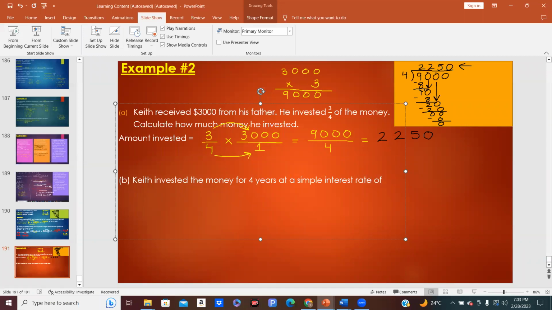Did you say 4 years? 4 years at a simple interest rate of 3% per annum. What does annum mean? Per year. So calculate the interest earned.